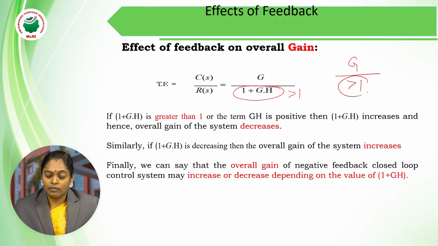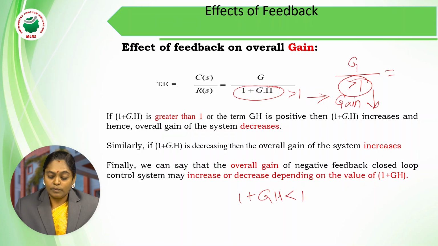If the denominator value is greater than 1, can I say that the gain is going to be decreased, because both are reciprocal. Similarly, if 1 plus GH is less than 1, the denominator value is less than 1.